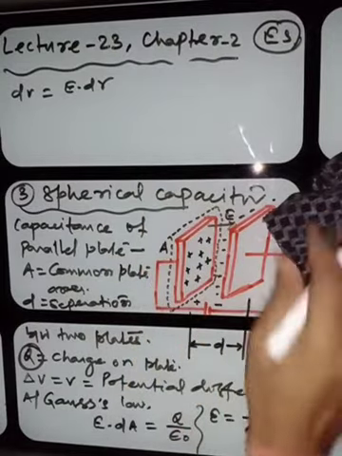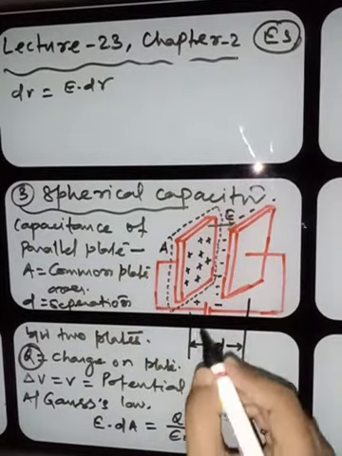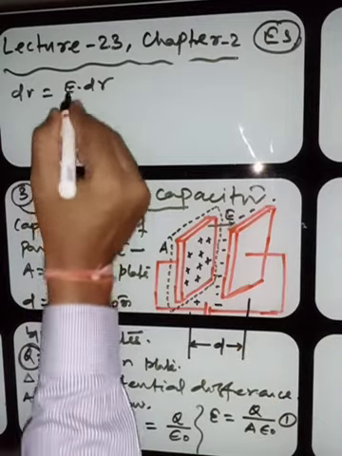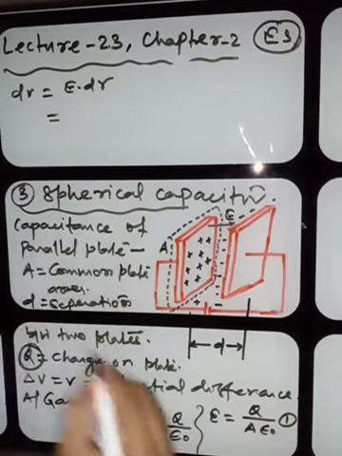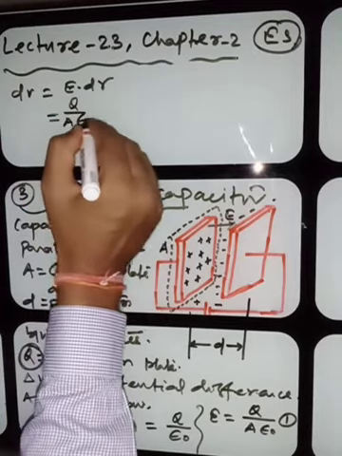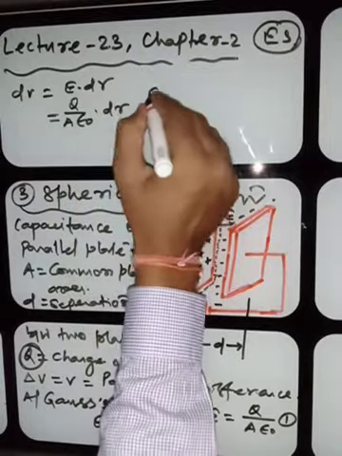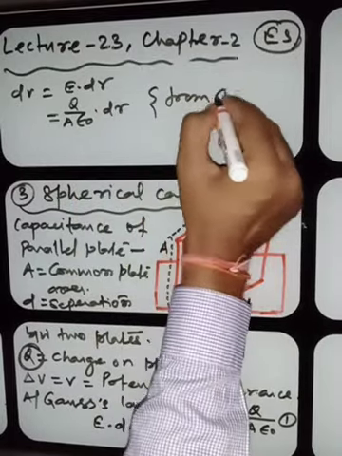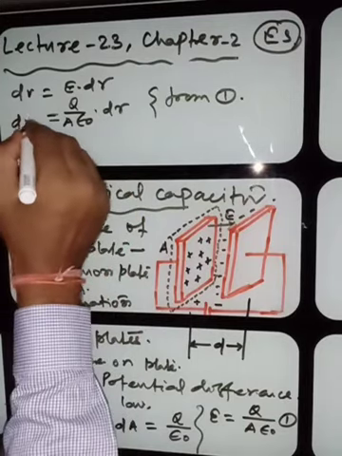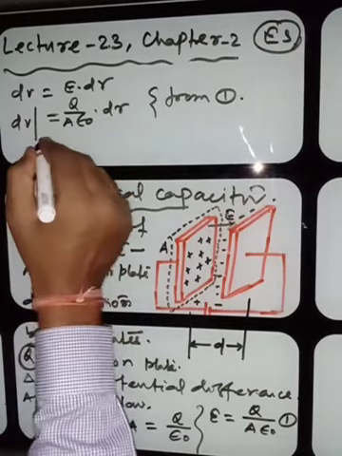So we have to find the potential. The electric field from equation 1 is Q by A epsilon naught, so we write Q by A epsilon naught times dr, and dV. Now I'm integrating.